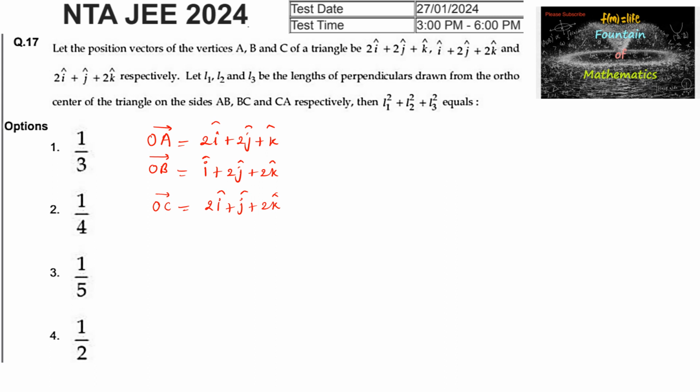And if L1, L2 and L3 are the lengths of perpendiculars drawn from the orthocenter of the triangle on the sides AB, BC and CA respectively, then find L1 square plus L2 square plus L3 square.